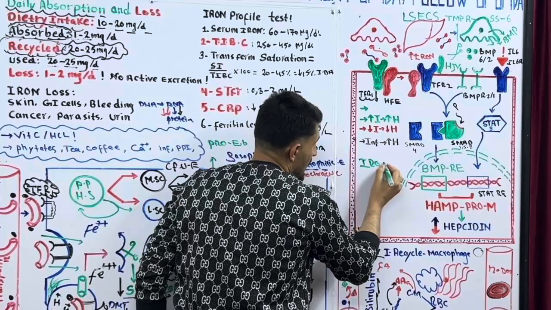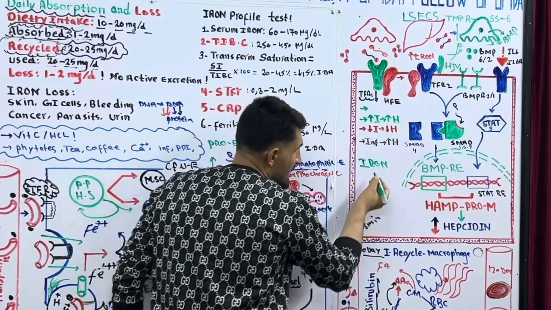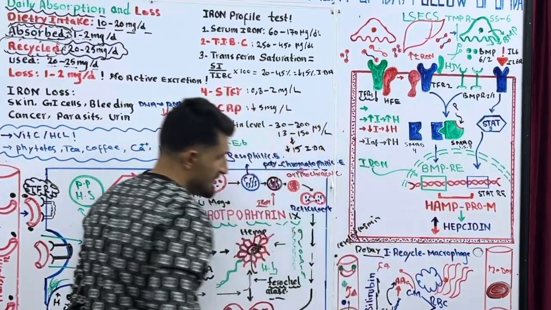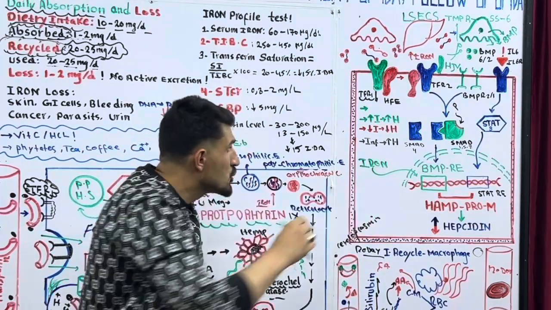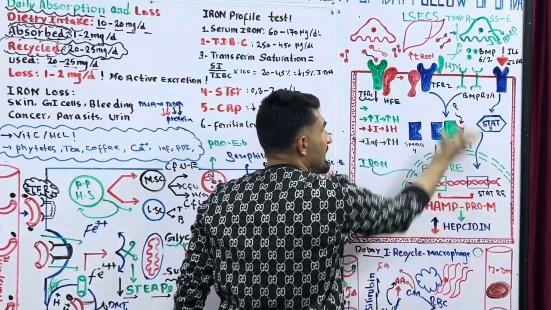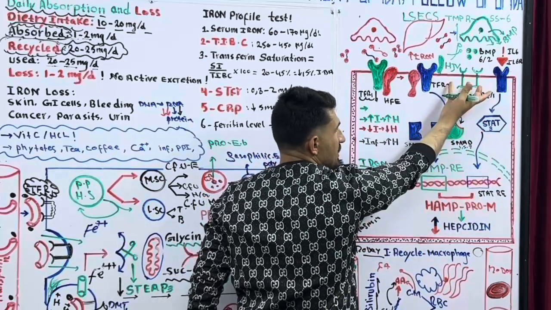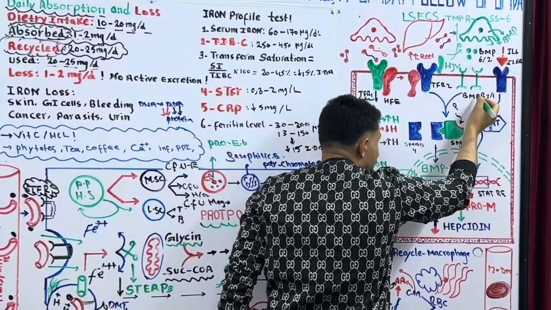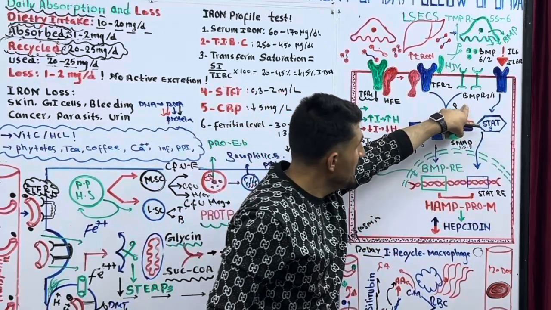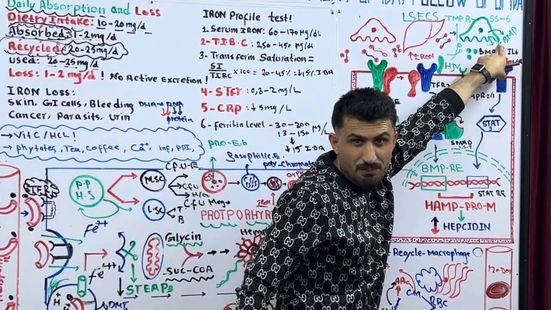This high concentration of iron stimulates the DNA and genes in hepatocytes to produce and express receptors on the cell membrane, which are called BMP receptors, for this BMP molecule.